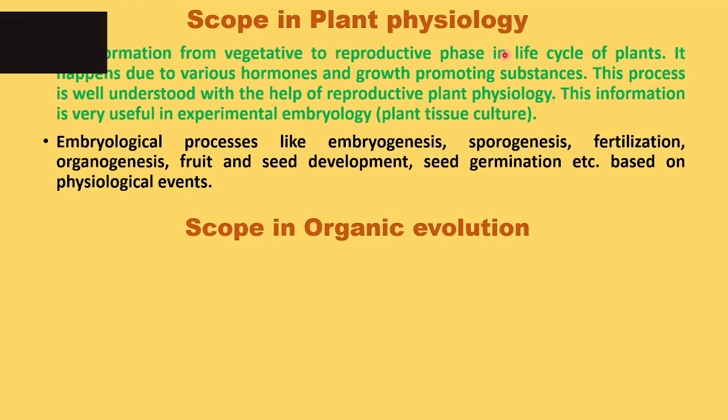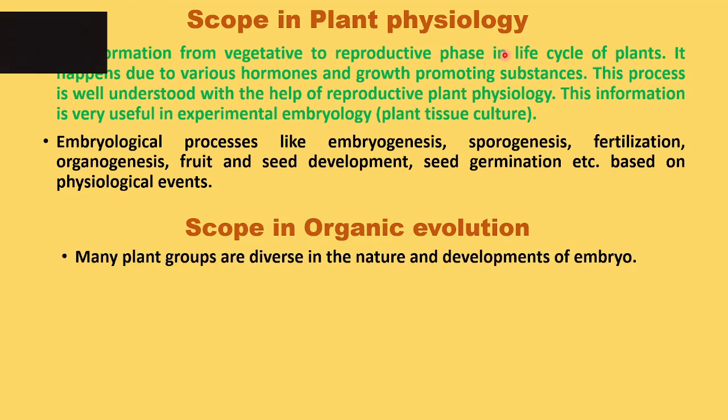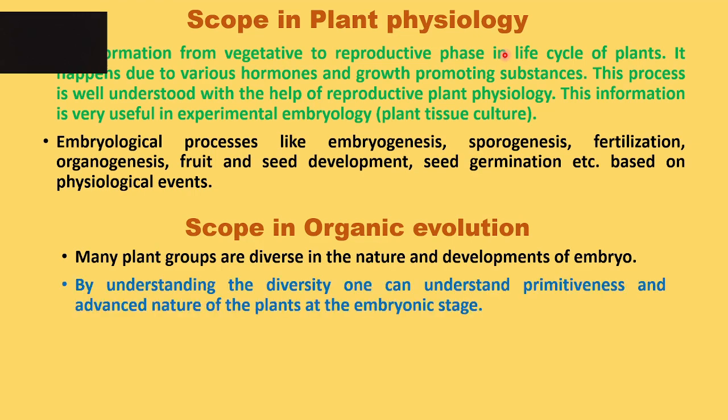Lastly, we will see the scope of embryology in organic evolution. Many plant groups are diverse in the nature and development of the embryo. We know organic evolution, how it takes place. These different groups of plants which are present diversely in nature are all developed from embryos.